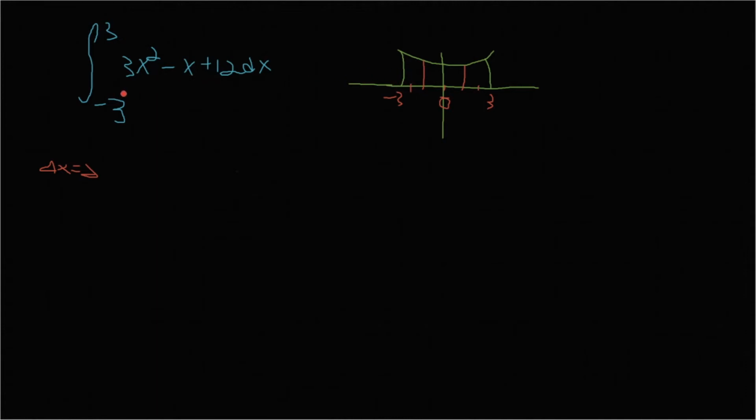And so the idea of midpoint is that we are going to find the value of the middle and add them together. So for each of these intervals, we're going to have one from -3 to -1, and -1 to 1, and 1 to 3. And so we're going to say, if this is f of x, right? So I'll just say this is f of x.